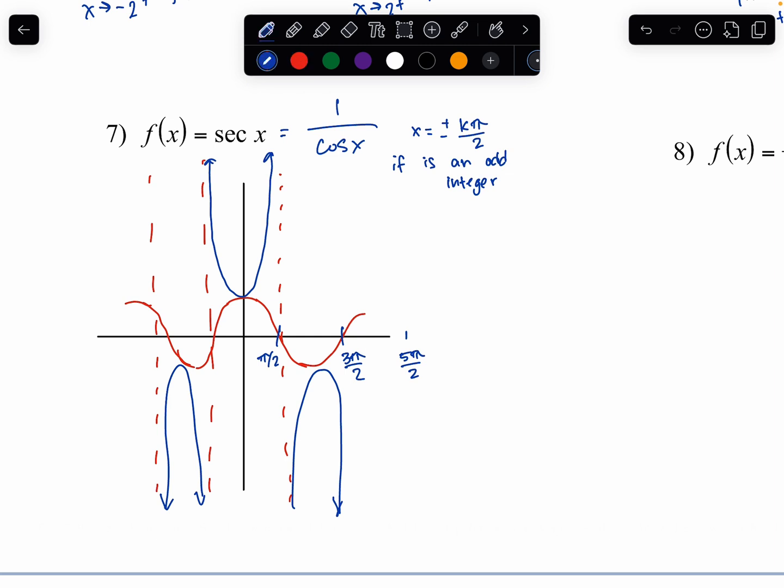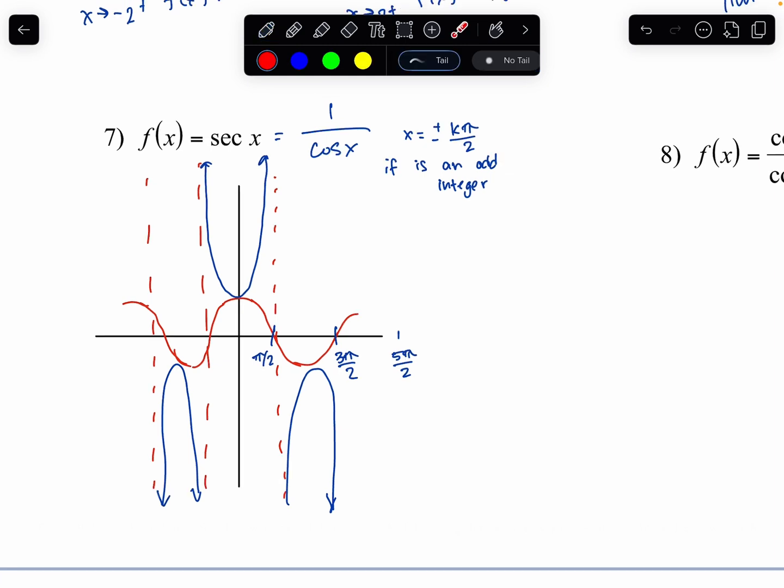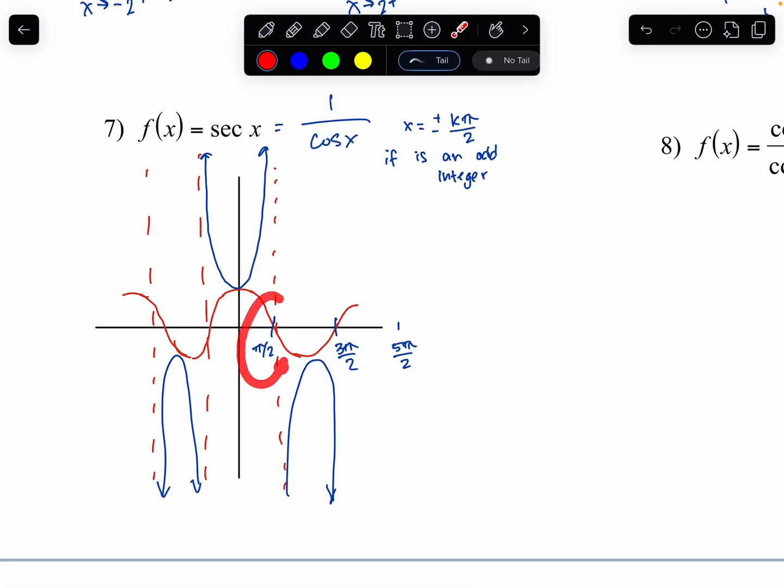We obviously can't evaluate each of these, and I don't think I really want to. But from the left side of 1 pi halves, it's going to be positive infinity. From the right side of 1 pi halves, negative infinity. From the left side of 3 pi halves, negative infinity. From the right side of 3 pi halves, it would be positive infinity.